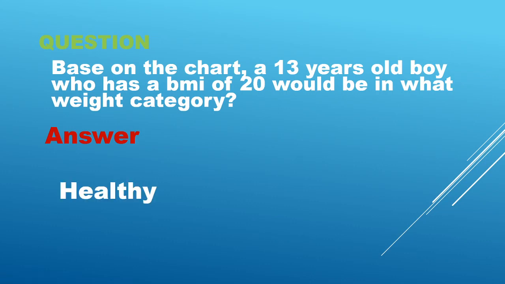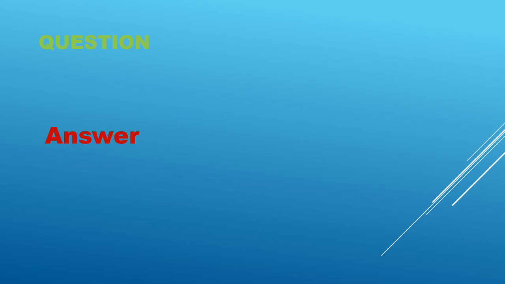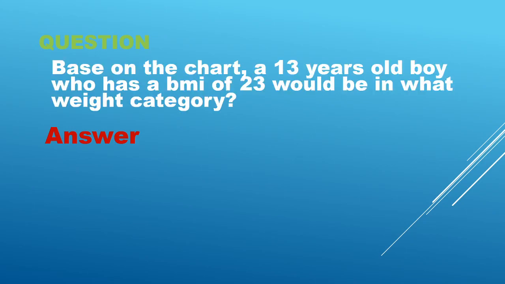Healthy. Based on the chart, a 13-year-old boy who has a BMI of 23 would be in what weight category? Overweight.